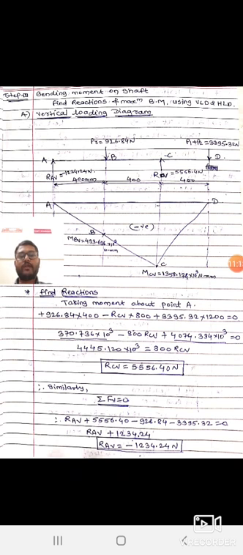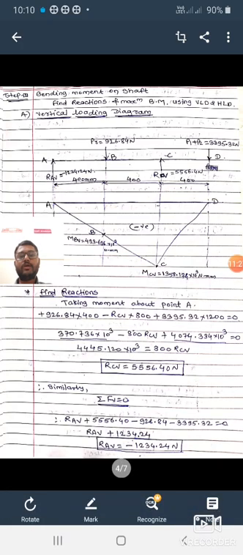By calculating this equation, we get the answer for RAV, the reaction at point A for vertical loading, equal to minus 1234.24 Newton. The minus sign is because the reaction RAV is acting downward.